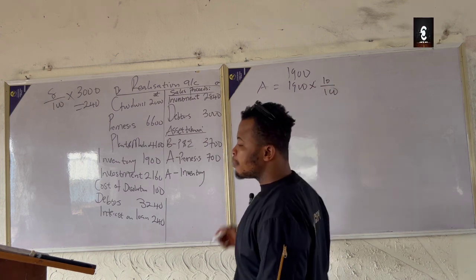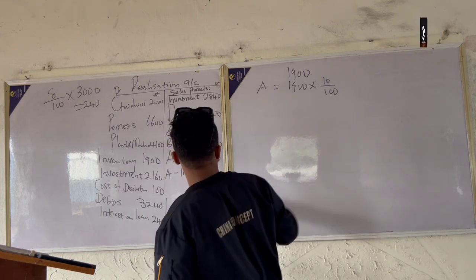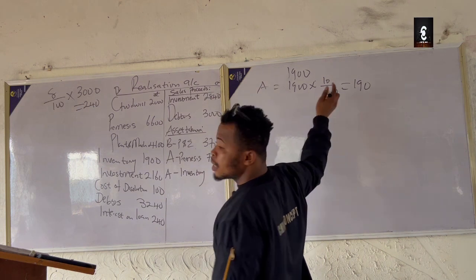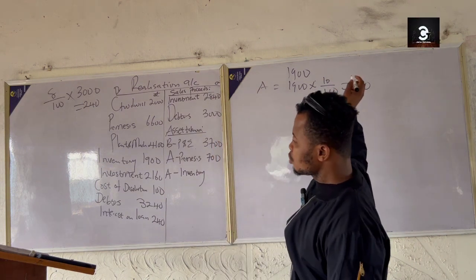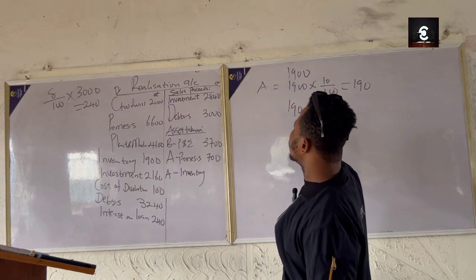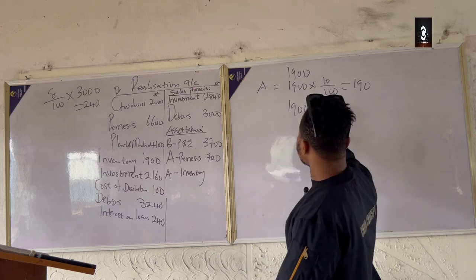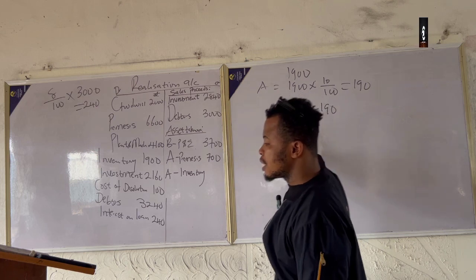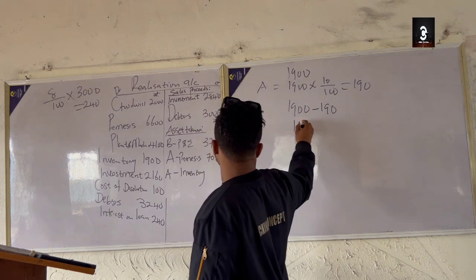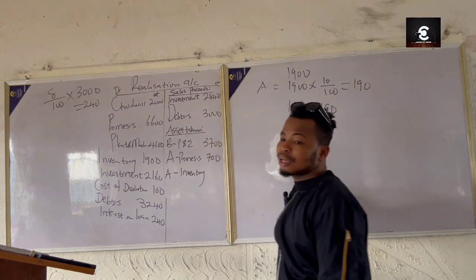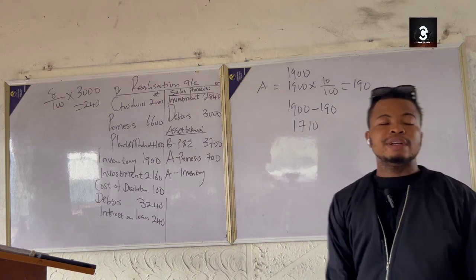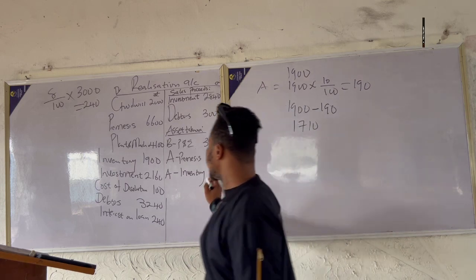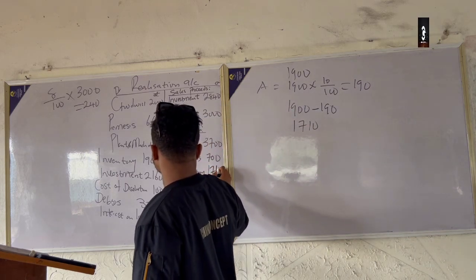If you do 10% of that, you have 190. So we are giving A a discount of 190: 1,900, which is the cost, minus 190. So A is paying us 1,710. Remember, this inventory costs 1,900, and A is giving us 1,710.